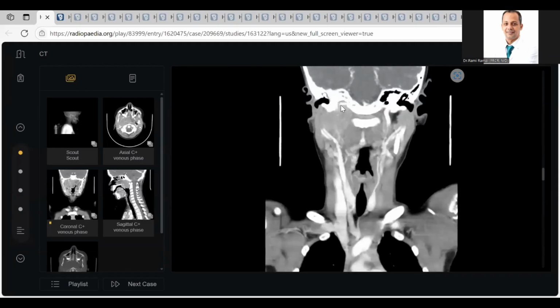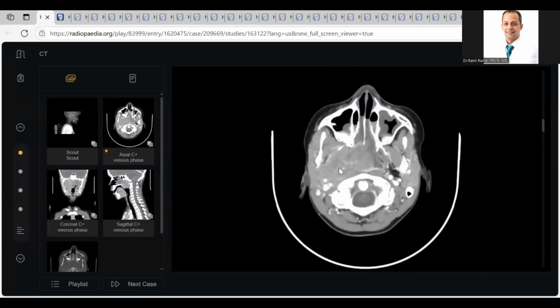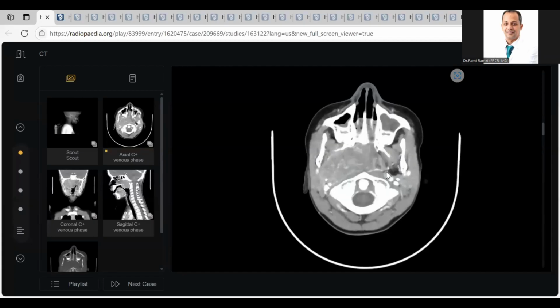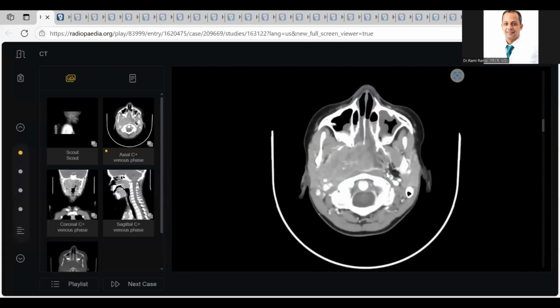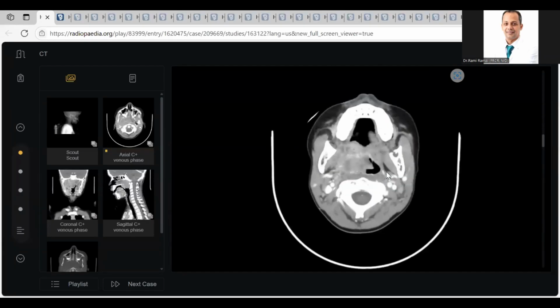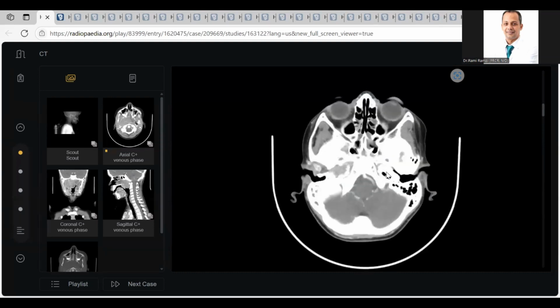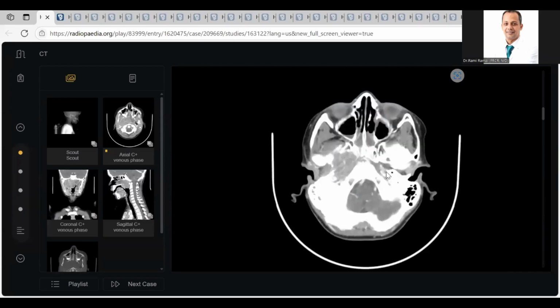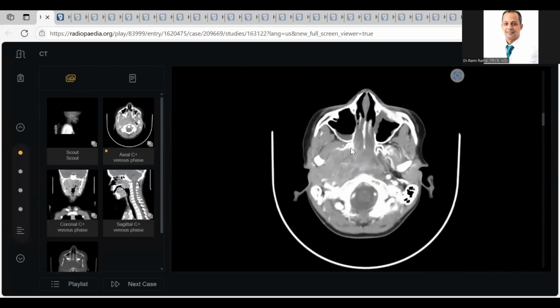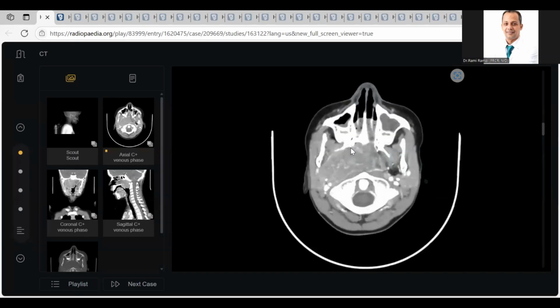This is a case of an aggressive nasopharyngeal and right masticatory space tumoral infiltrative lesion, destructive to the bone. First, destructive to the pterygoid. This is not just scalloping. I think this is destruction.